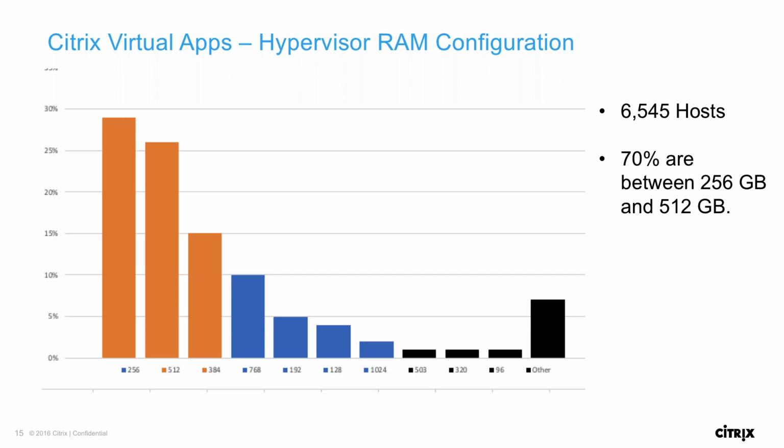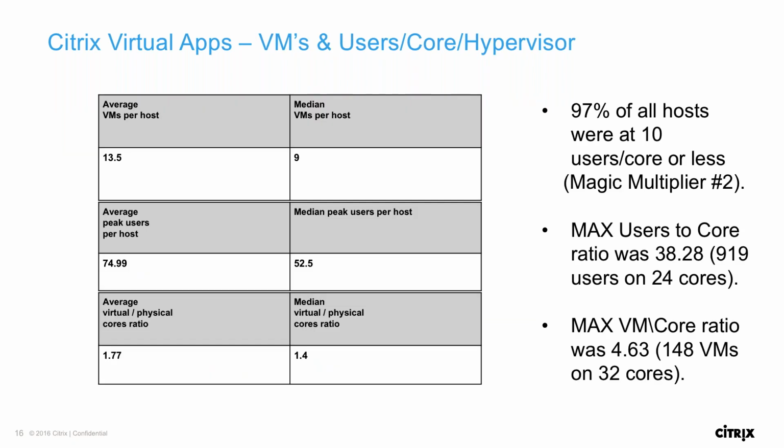Next, we started looking at the VMs per host, peak users per host, and the virtual to physical core ratio. On average, VMs per host is 13.5. The median is 9. So around 13 or 14 Citrix Virtual Apps VMs on a host.